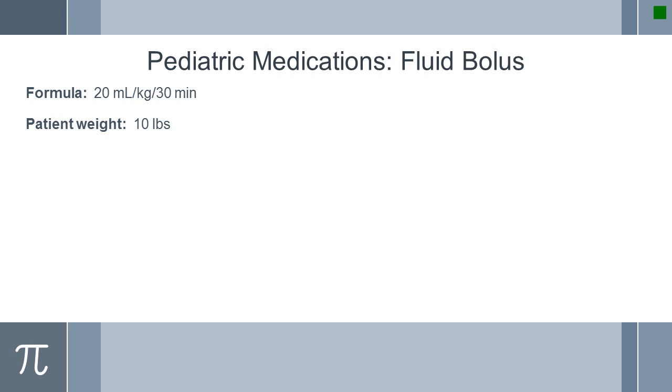So then all I would have to do is take my 20 meals times my 4.55 kilograms, which gives me 91, and that's for 30 minutes.